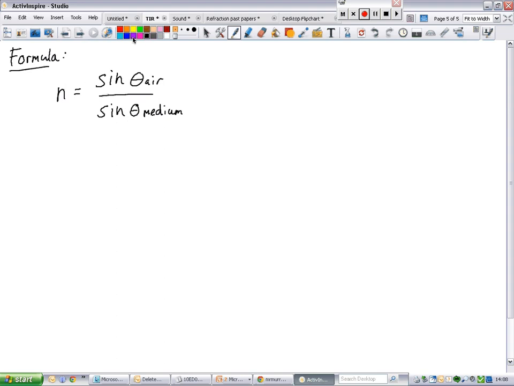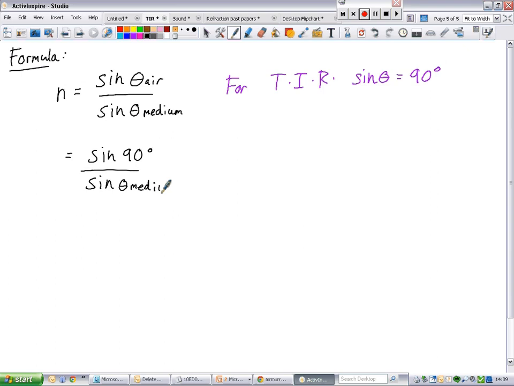But for total internal reflection, which I'll just denote as TIR, theta in air is equal to 90 degrees. So that's the sine of 90 that goes on the top of our equation, because that's the less dense medium. So sine 90 degrees divided by sine theta in the medium.